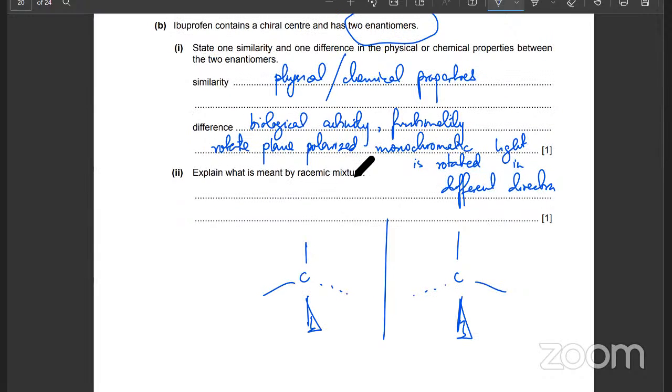What is a racemic mixture? It's a mixture of two enantiomers. So when you have both of them in a solution, it's a mixture of both enantiomers.